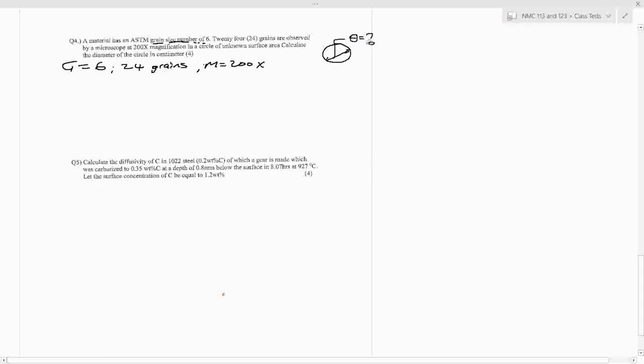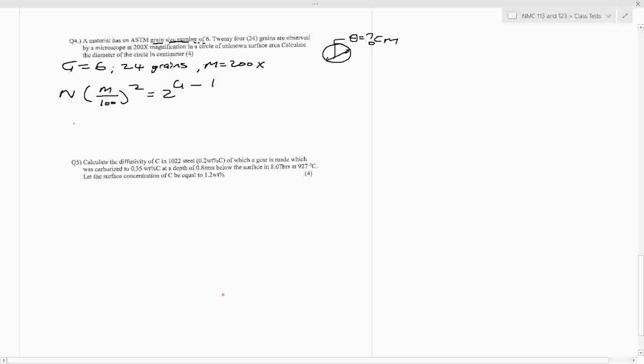In centimeters, what is it? So what we know from the STM equation is that N is the number of grains per square inch, equal to magnification to the power of 2 over 2 to the power of G minus 1.